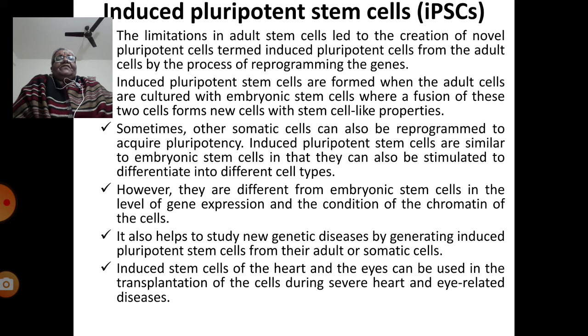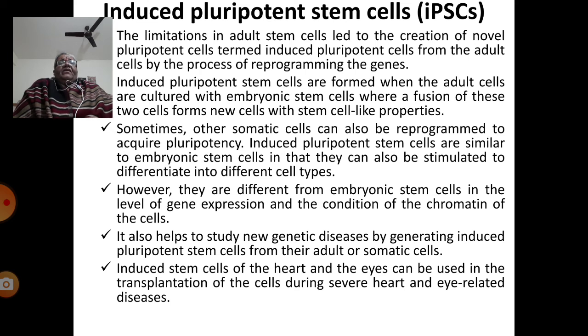So they are formed when the adult cells are cultured with embryonic stem cells, where a fusion of these two cells forms new cells with stem cell like properties, okay. And sometimes, you know, these somatic cells can be reprogrammed to acquire pluripotency, and these are similar to embryonic stem cells and they can be stimulated to differentiate into any other cell type. Okay? But they are different from embryonic stem cells in the level of gene expression and the condition of chromatin of the cells. Okay?